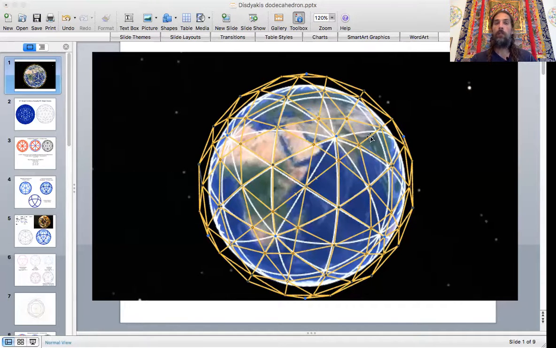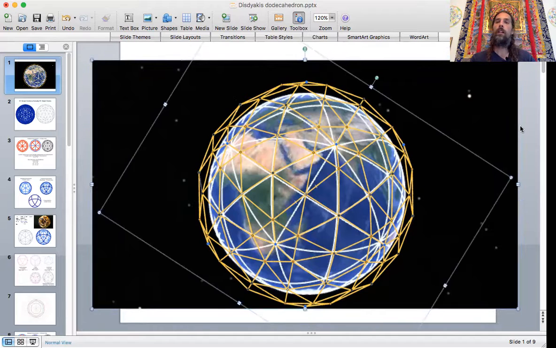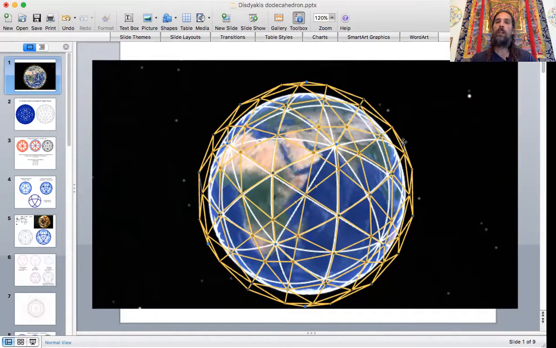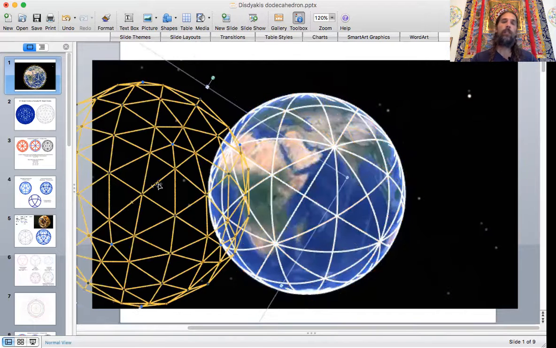And I have a name for this now, which I'm going to be calling the Geohedron, because I believe it relates to the Earth grid. And this is not showing, whoops, I believe this is all linked. Let me ungroup it. This is not showing the great circles themselves. This is just showing the vertices that are associated with these points.